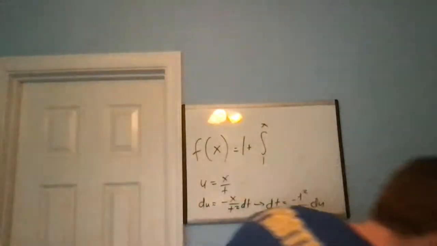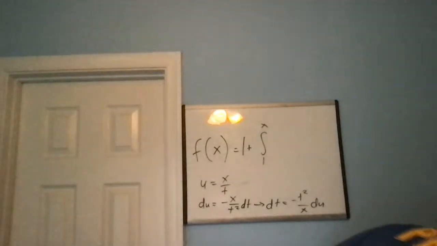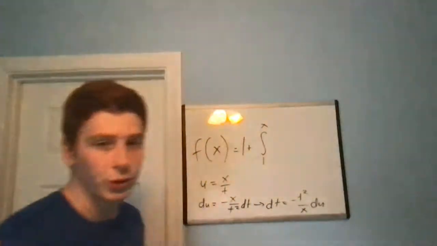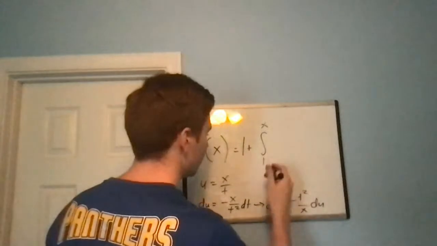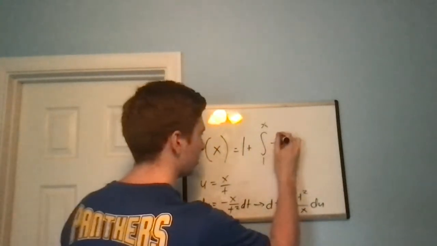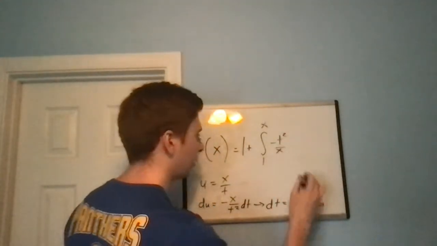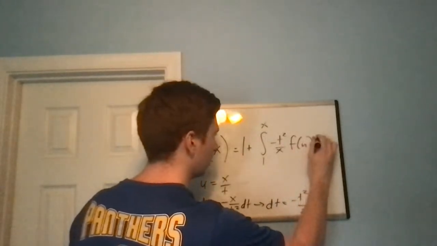Let me make sure that that's right. Yes. Okay. u goes from 1 to x. Then this becomes, so dt has all this stuff, then f of u du.